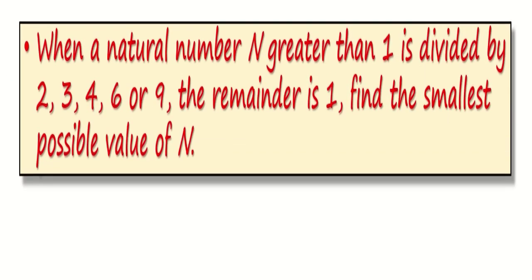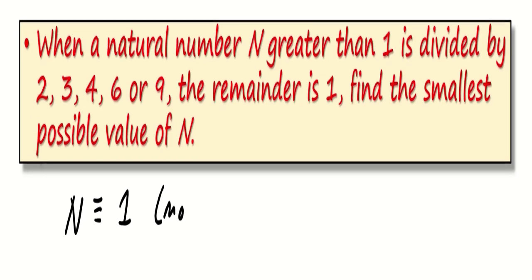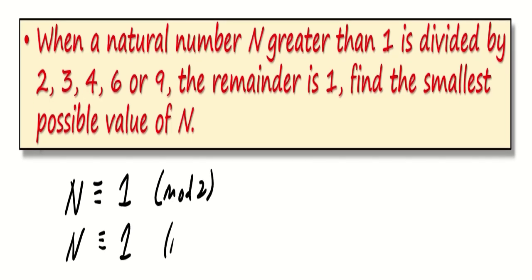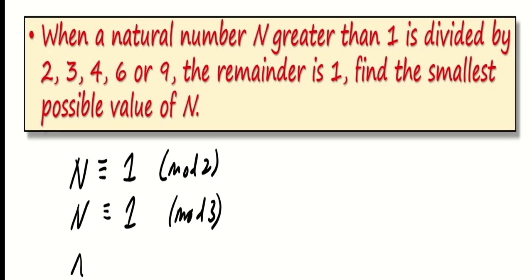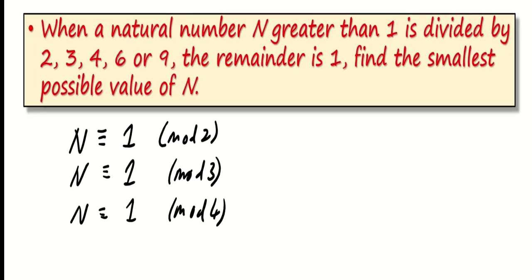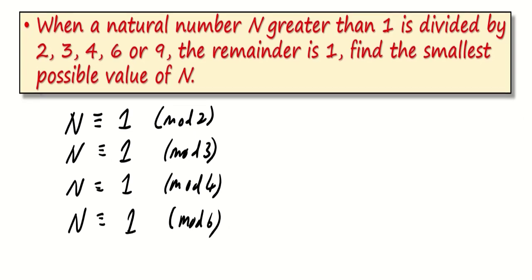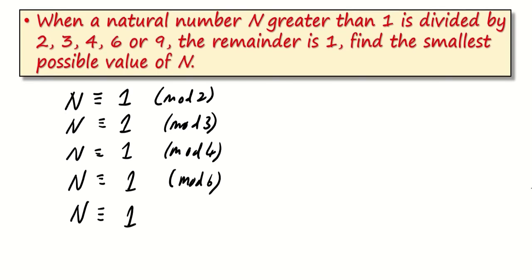Now, this is the second question. It is quite similar. So we'll just write n is congruent to 1 mod 2, and is also congruent to 1 mod 3, and is congruent to 1 mod 4, and is congruent to 1 mod 6, and is congruent to 1 mod 9.